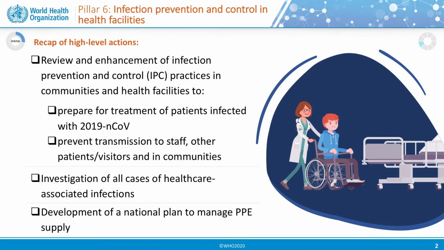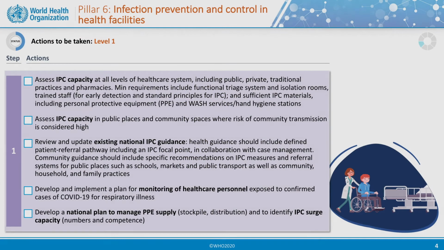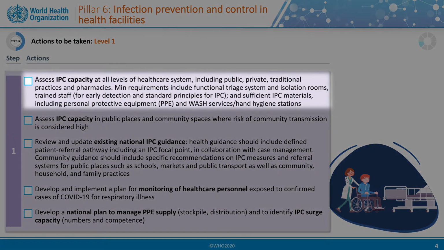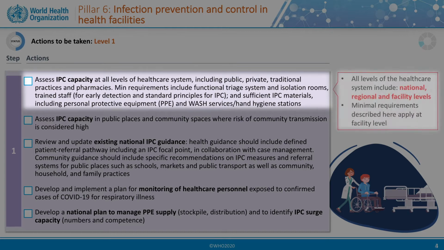In Module 2, we presented high-level actions and recommendations of Pillar 6, namely in relation to IPC best practices in communities and health facilities. Now, let's take a deeper look at these practices. There will be 3 levels of preparedness starting from basic, level 1, to sustainable, level 3. At first level, countries should assess IPC capacity at all levels of the healthcare system, national, regional, and facility level.